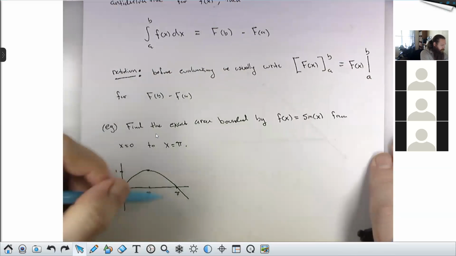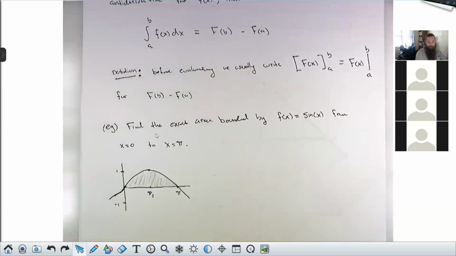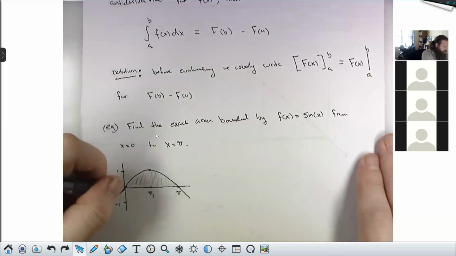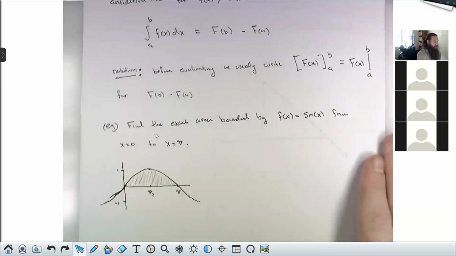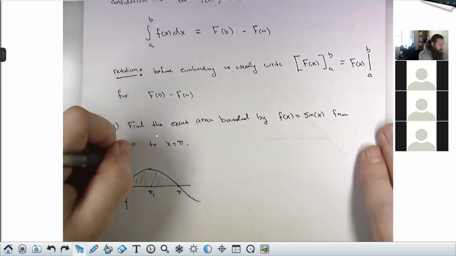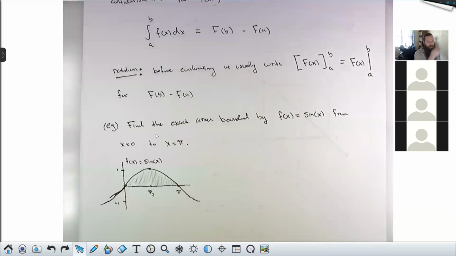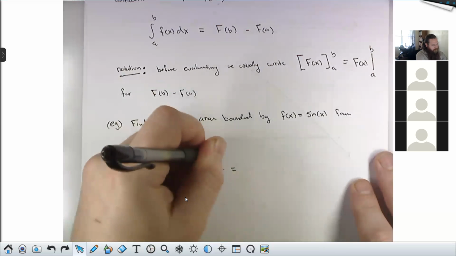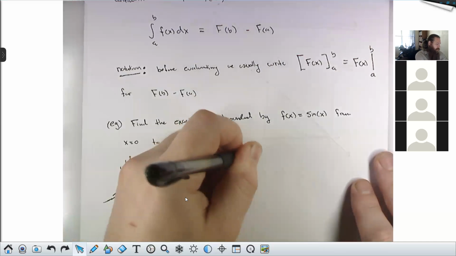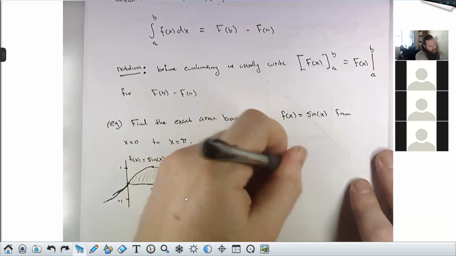The area we're after is this area. Sorry for my wavery line over here. It should look more like this. There we go, it's a little better. So this is f of x equals sine x. And you know that the area we're asking for, the shaded area here, the exact area, is equal to the integral from 0 to pi of sine x dx.